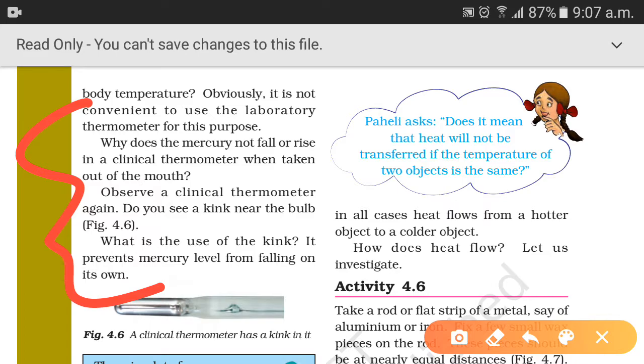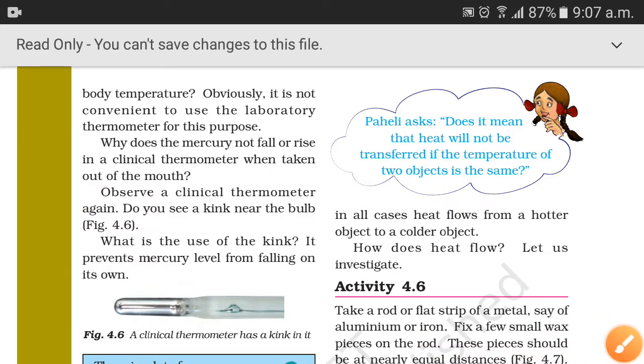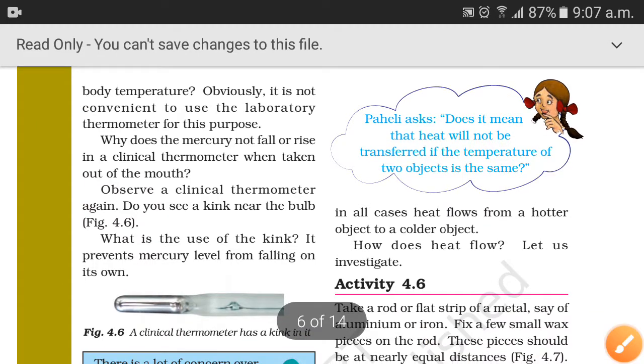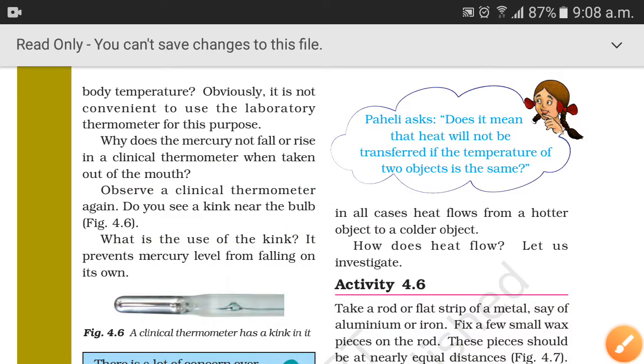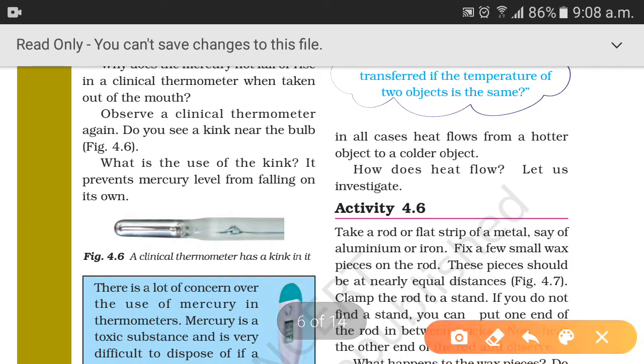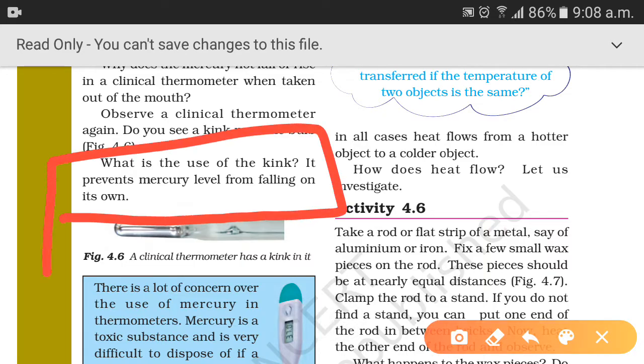So why? Because beta, in the clinical thermometer there is a kink near the bulb and it has a special function. Yesterday I also explained the function of the kink: it prevents the mercury level from falling on its own.